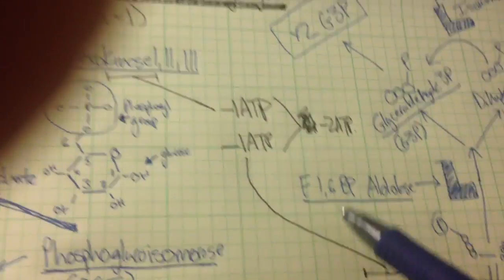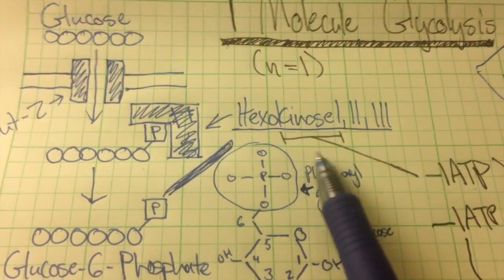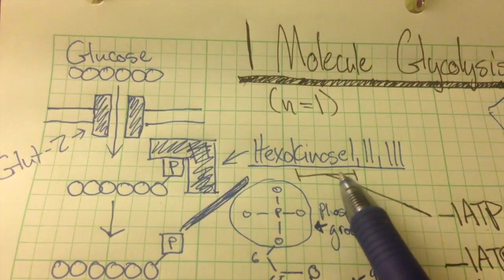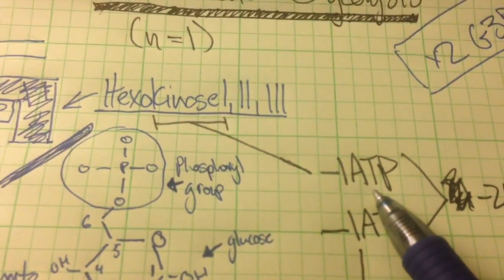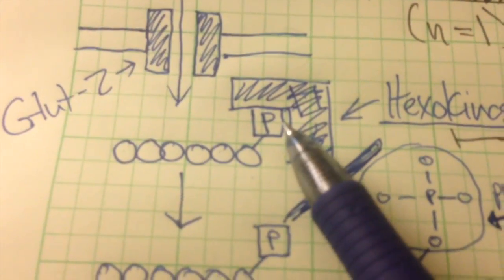Okay, and so coming back to this, remember that whenever I see a kinase, it's going to cost energy to use that phosphorylating feature. So we basically take an ATP and we run that into our kinase, and that is where we're getting this phosphoryl group.